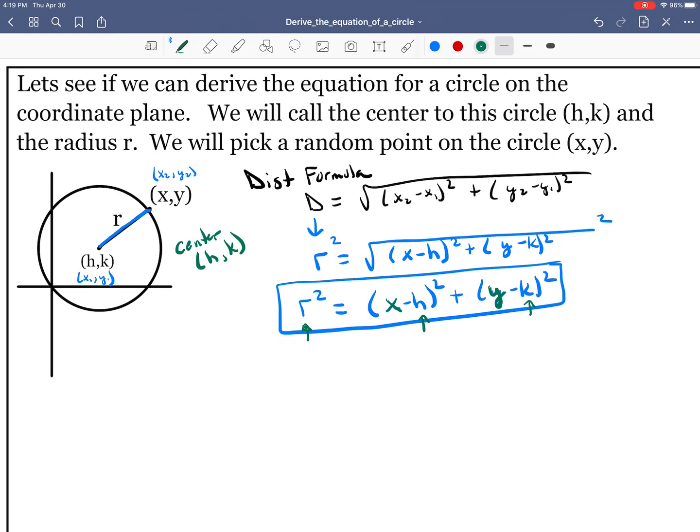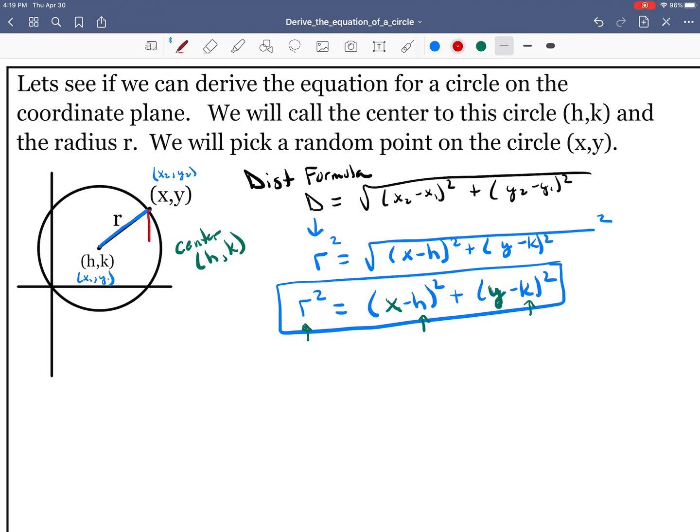So those are actually going to be numbers. The r, the h, and the k will actually be numbers when we're dealing with a specific circle on a coordinate plane. Notice this is representing the general case because I don't actually have a coordinate plane. I have random variables representing these points. So that is the equation using our distance formula.